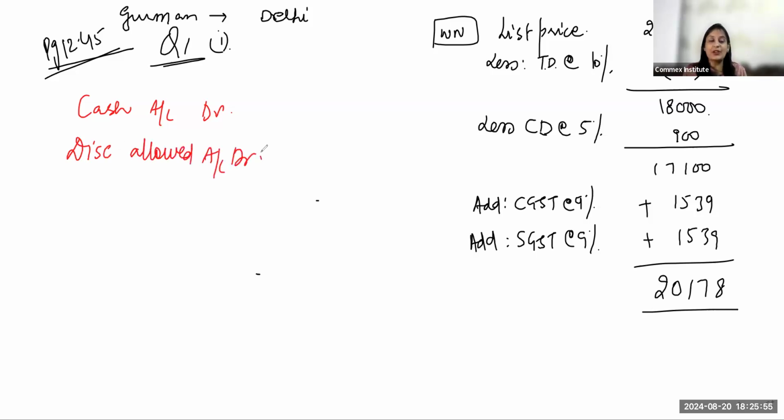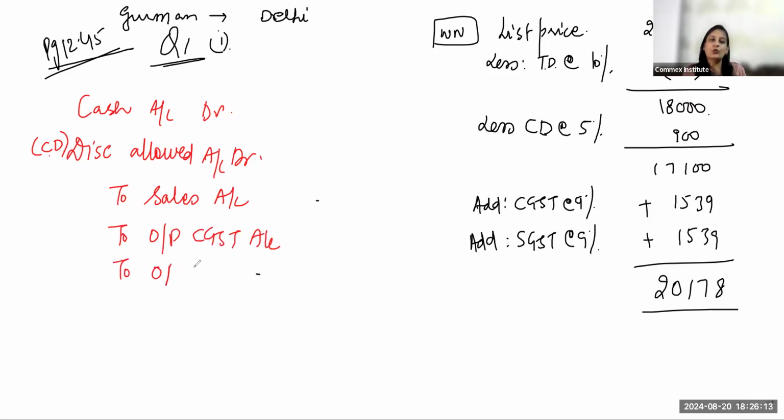Cash discount, because trade discount we do not show. So we are going to show only the cash discount. So cash discount allowed account debit, to sales account, to output CGST account, to output SGST.